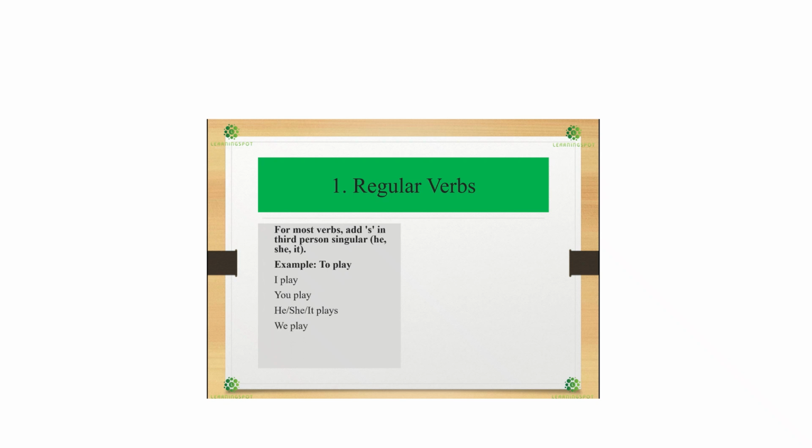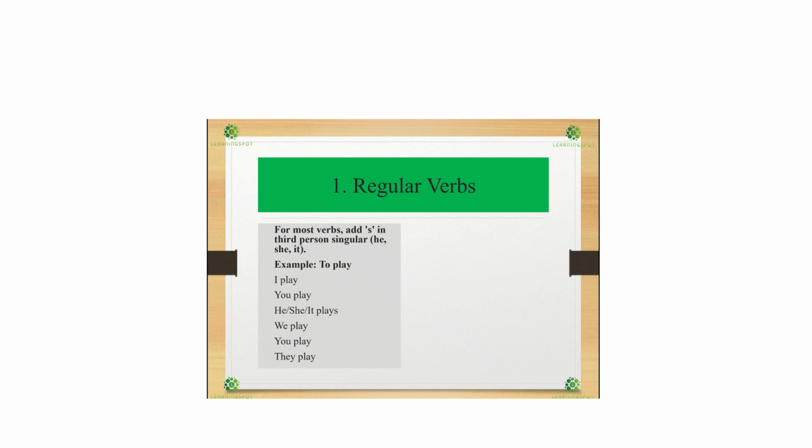Then we play. We is the plural form of I. And you is the plural form of you again. There is no change. You play. And they play. They is the plural form of he, she, and it. When you have it is far, you can still say they are far.